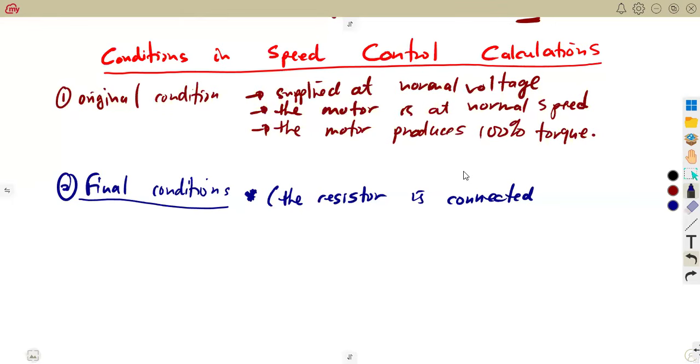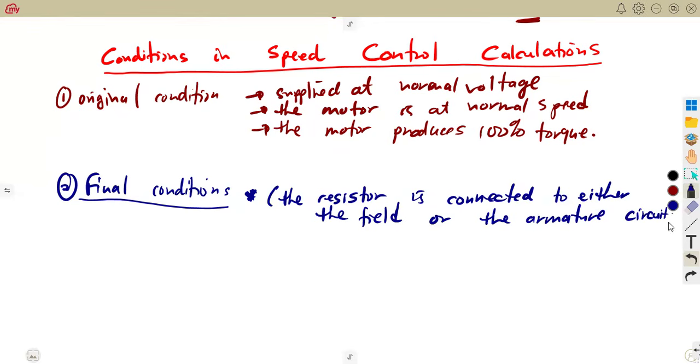It can be connected to the field, or it can be connected to the armature. It depends on what you're given. The resistor is connected to either the field or the armature circuit. So this is the consideration that you need to actually know, because you'll be given it.